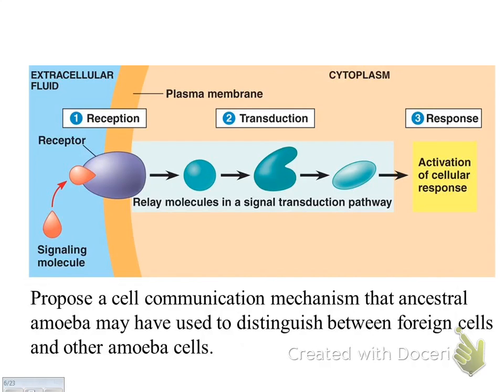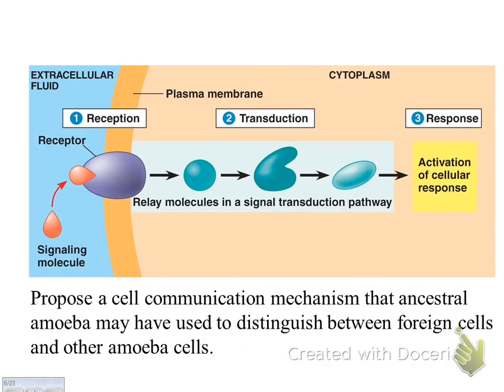Propose a cell communication mechanism that ancestral amoeba may have used to distinguish between foreign cells and other amoeba cells. Somebody tell me what you think. Same texture, same protein. They can sense the proteins that were on there. Okay, so Eli said they can sense the protein.